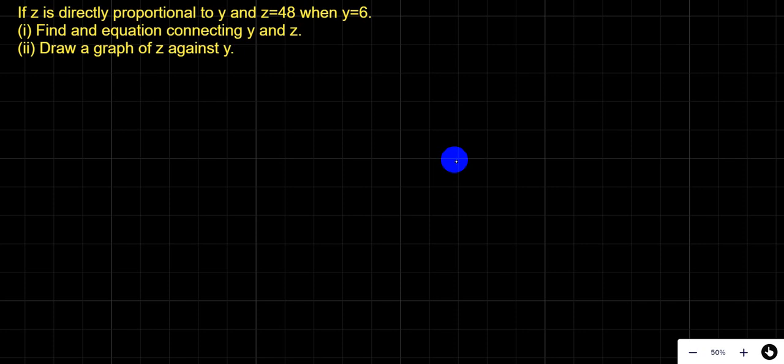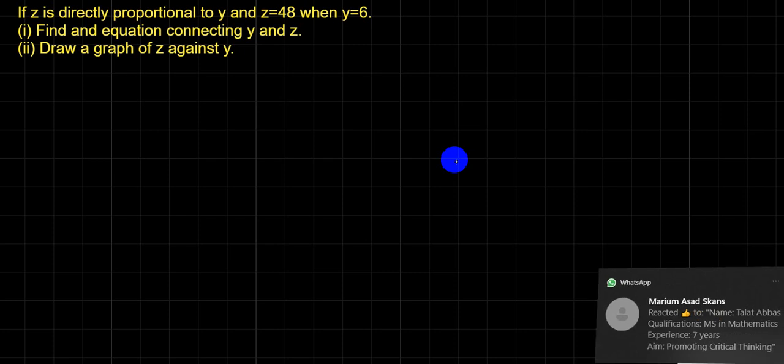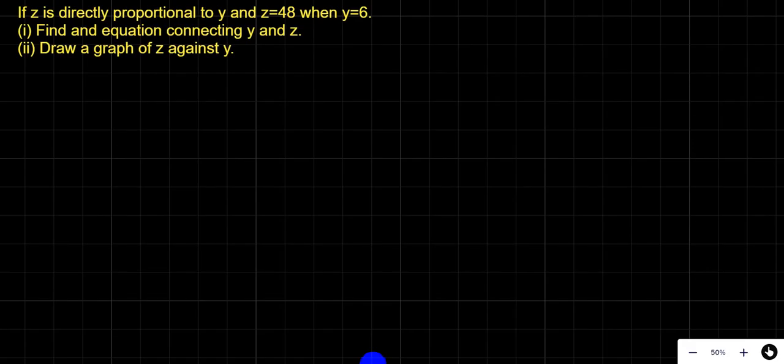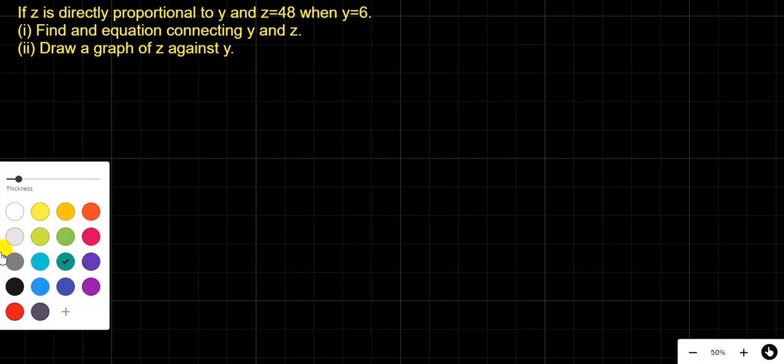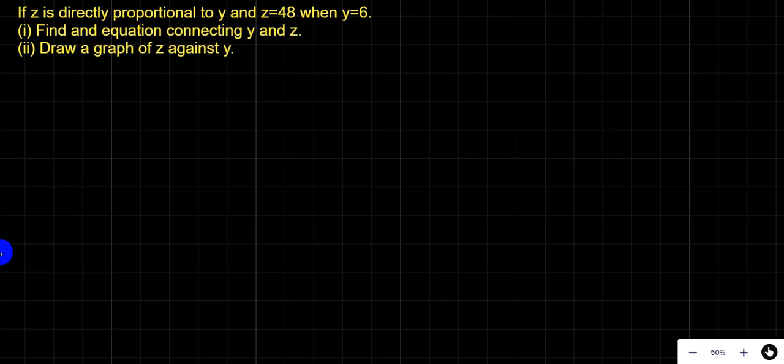The first part is, we have to find an equation which connects y and z. So now the information is z is directly proportional to y. So while writing a solution, we have to take care of this statement.